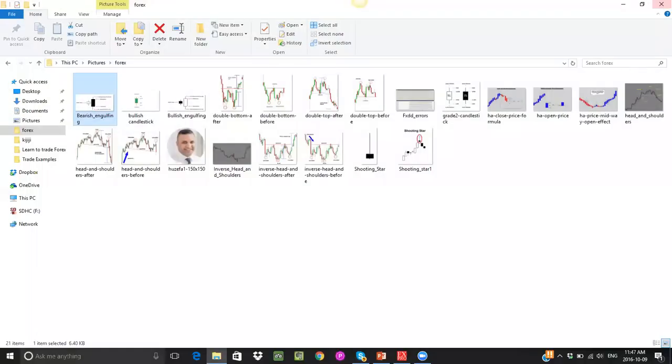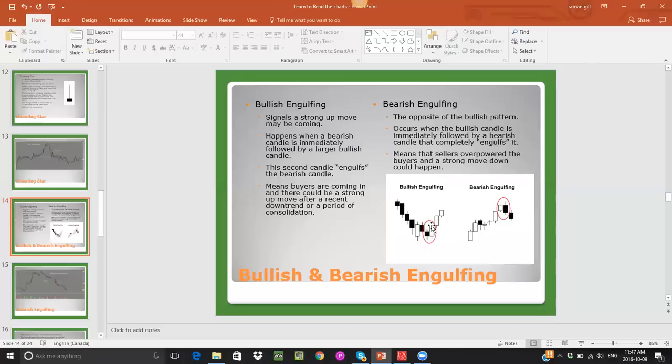So let's go back to our slide here. A bullish engulfing candle, which is this one right here, signals that a strong move up may be coming. It happens when the bearish candle to the left is engulfed by the larger bullish candle that is the very next candle.